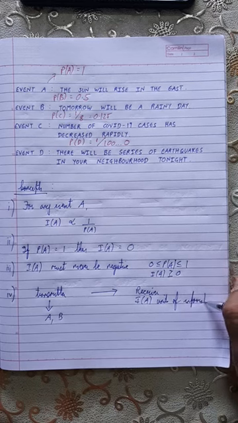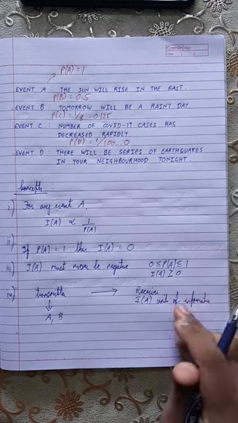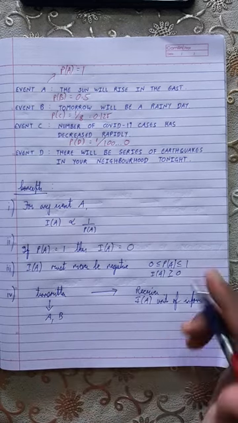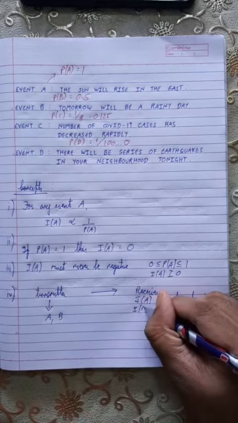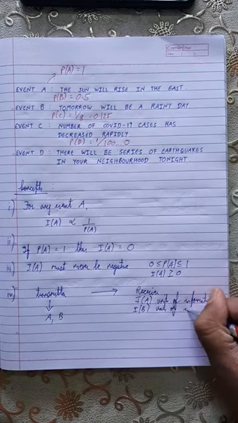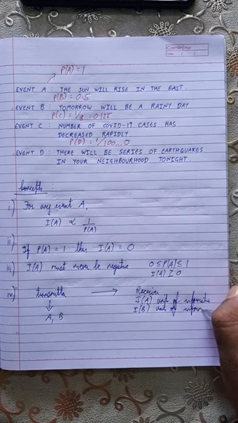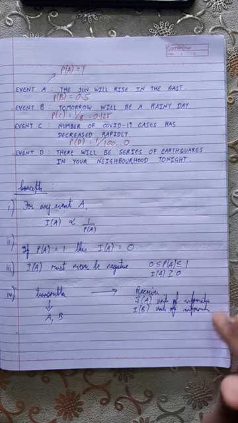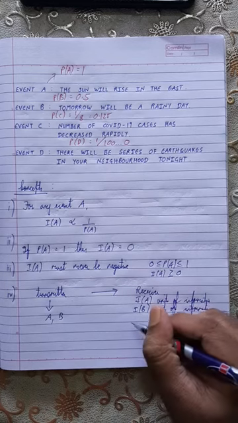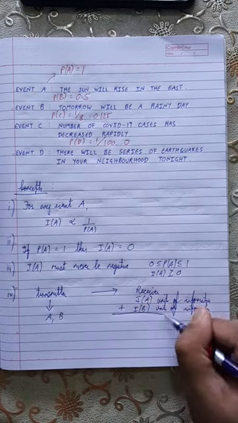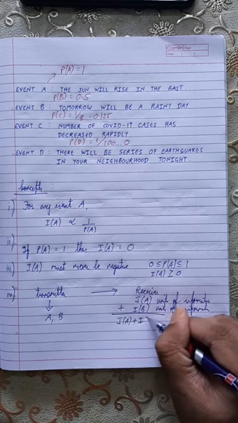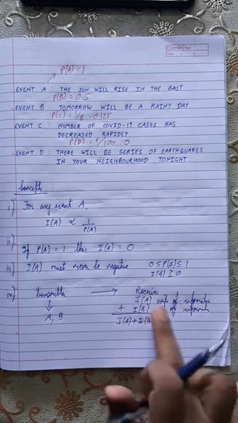And if the receiver receives the message B, then the amount of information received by the receiver is I of B, units of information. Okay, so in that case, the total amount of information received by the receiver is I of A plus I of B. Okay, we all know this already, right?